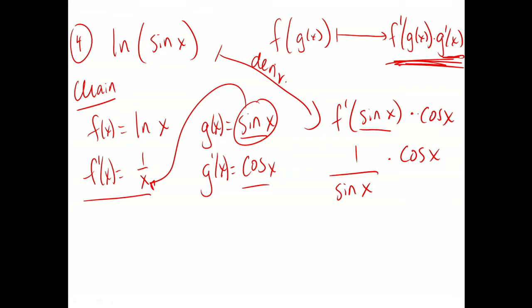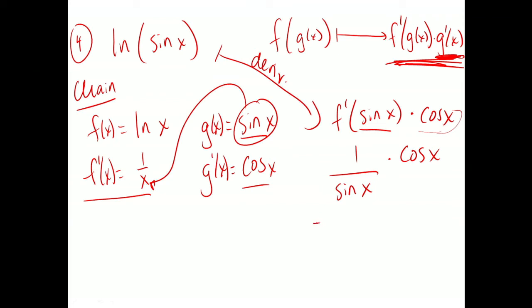Whenever you end up with a fraction, the times g of x sitting out on the right is always on top, so don't get confused and think it's on the bottom. It's on the ground floor, not in the basement. So you just get 1 over sine of x times cosine.